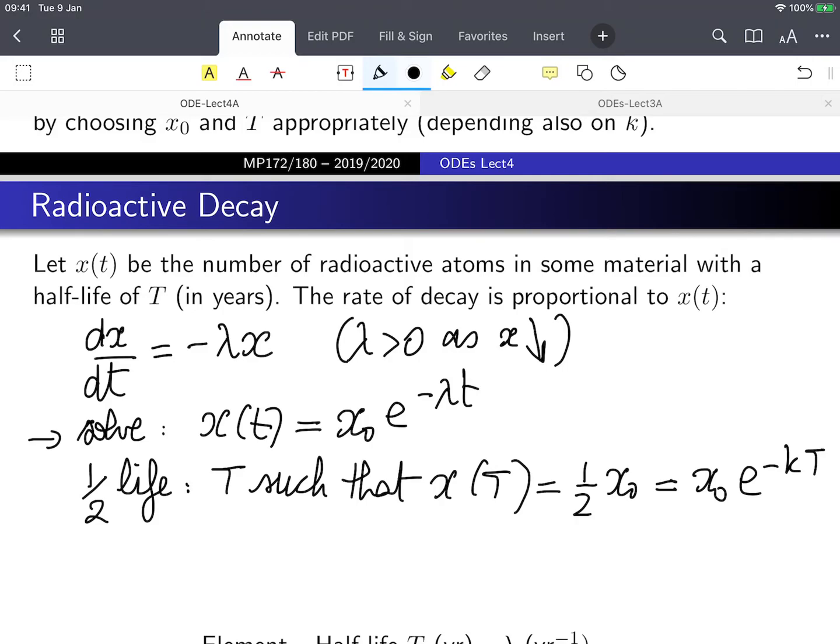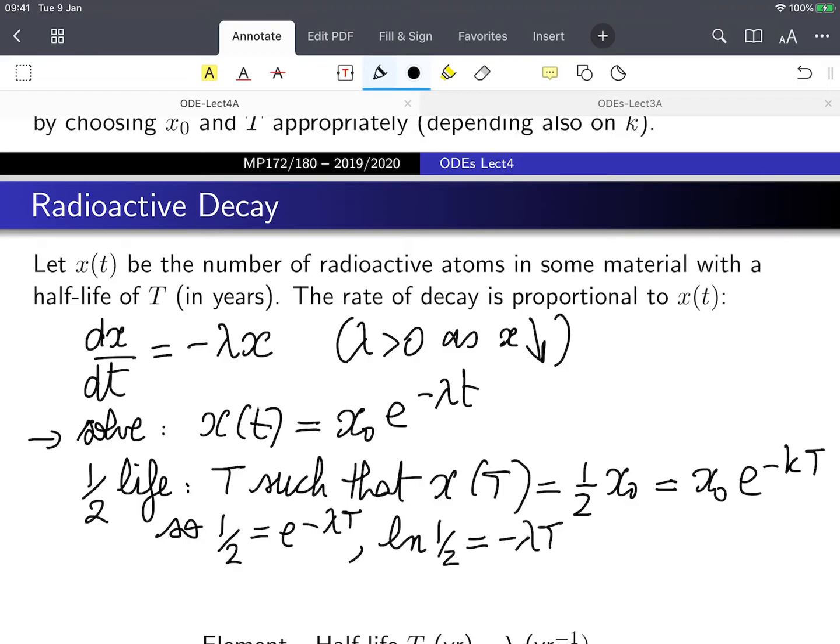So if I solve this equation, I can divide across by x0. I'm left with 1/2 equals exponential minus lambda T. Then I take the log on both sides, or solve it any which way. Log of 1/2, that's log of 2 to the power minus 1, so that's minus log of 2.